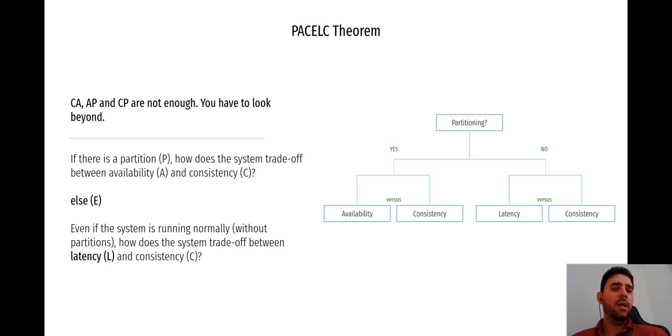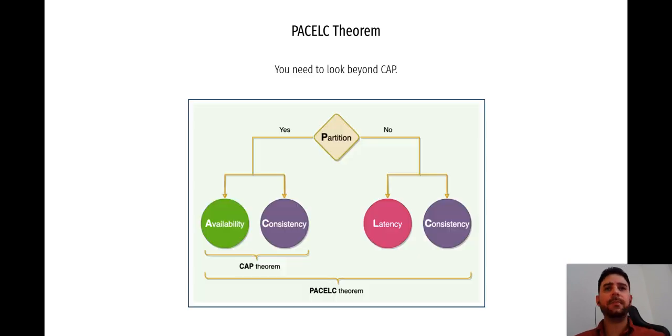So it's really not just about the CAP theorem. You really have to look beyond this theorem, because everything here is feasible. It makes sense, and you have to look beyond this. As I just mentioned, it's not just about the CAP theorem.